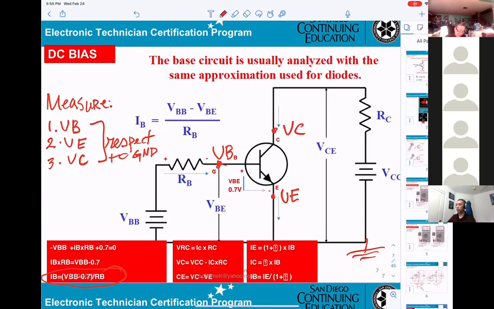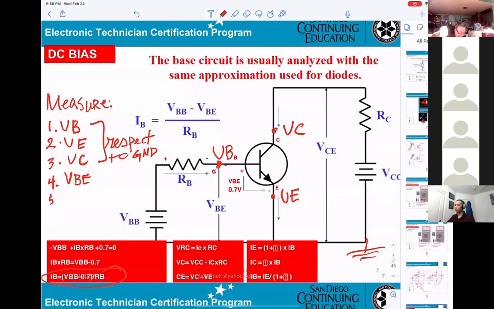Okay, and now if I want to measure VBE, how do we connect the meter? High will be B, low will be E, not ground.